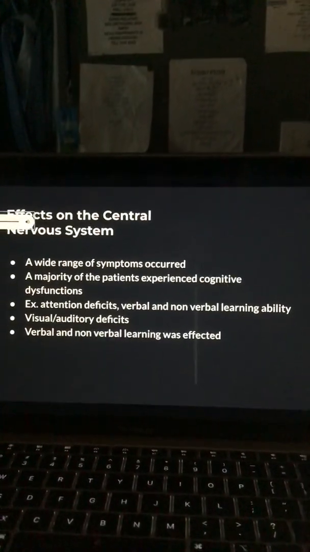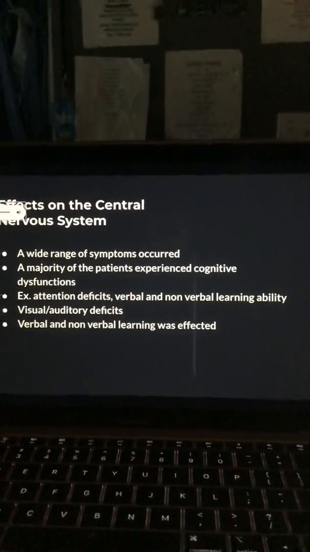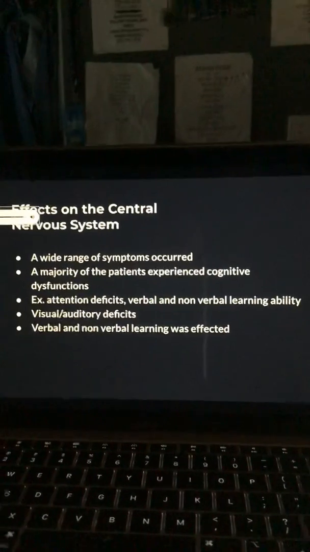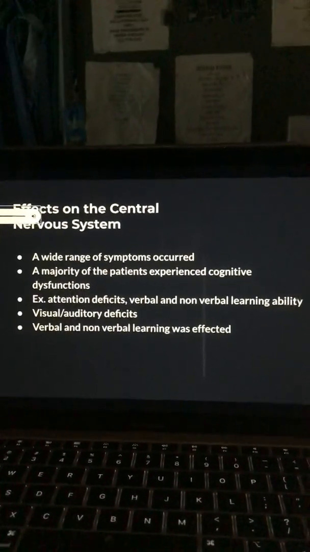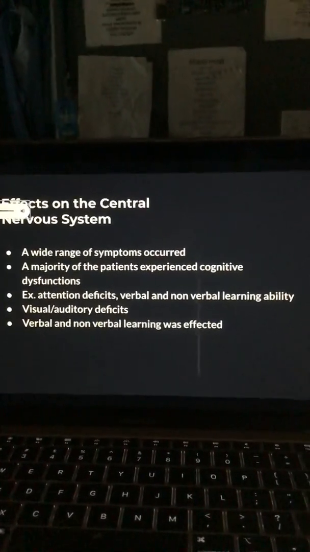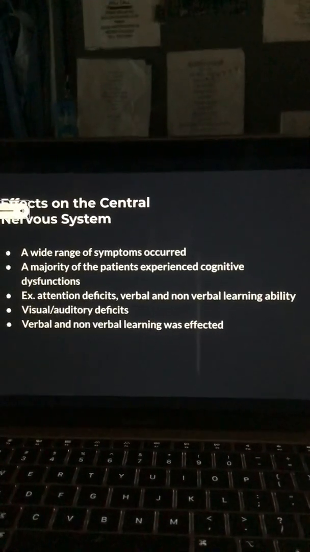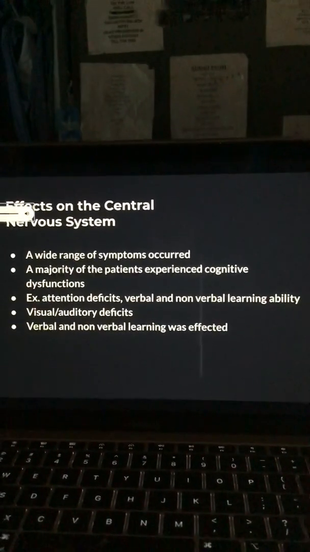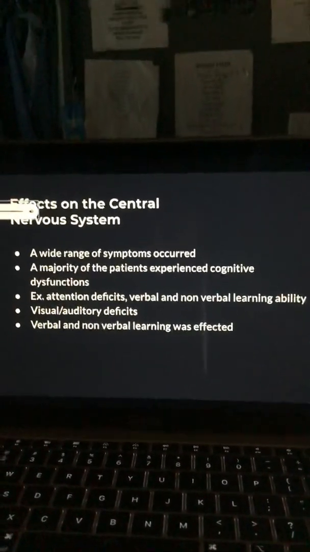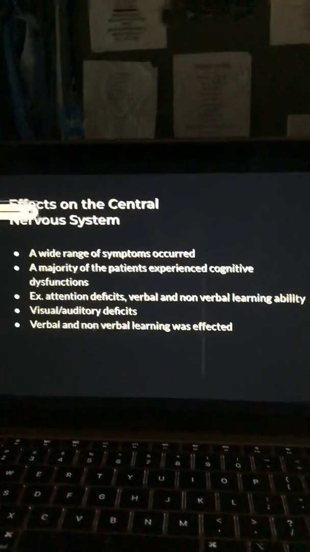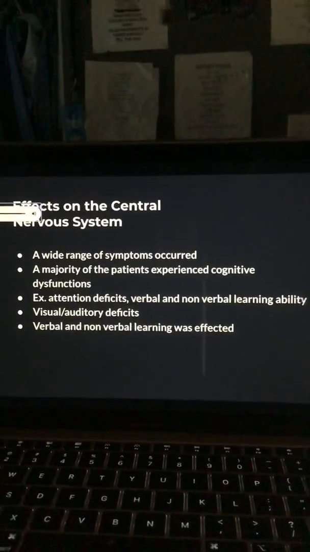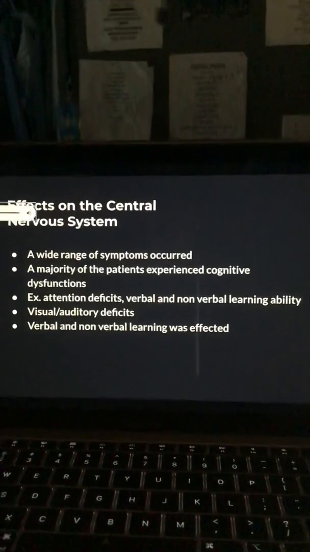And this has a wide range of symptoms that occur. A majority of the patients experience cognitive dysfunctions. Some examples are attention deficits, verbal and nonverbal learning ability, and visual and auditory deficits. Verbal and nonverbal learning was also affected.